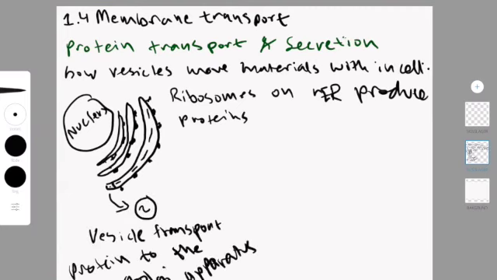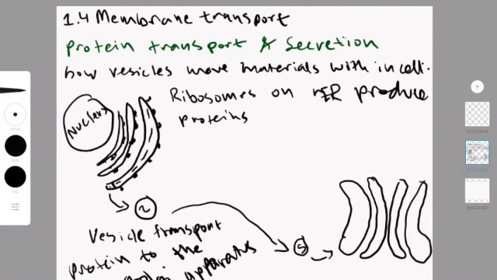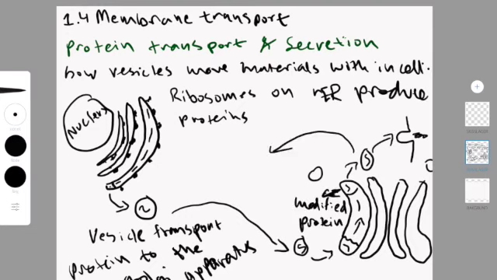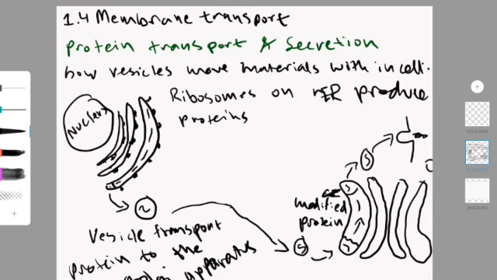Then the Golgi pinches off vesicles for transport towards the membrane for secretion. But there are two options here. Either it goes to the cell membrane for secretion, or the Golgi pinches it off and lysosomes with digestive enzymes are created. So those are the two options, and that's how that works.